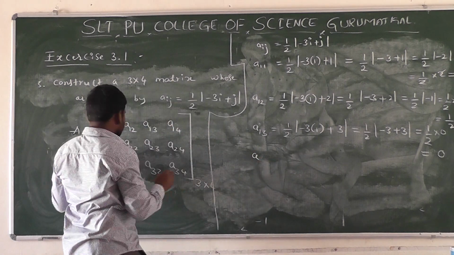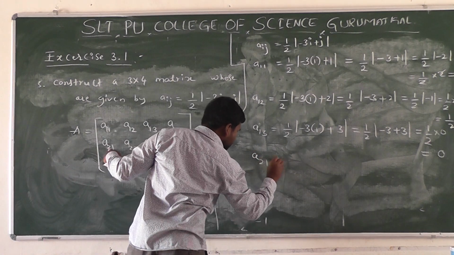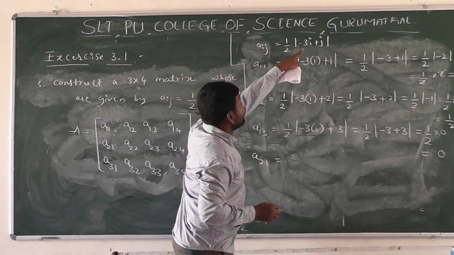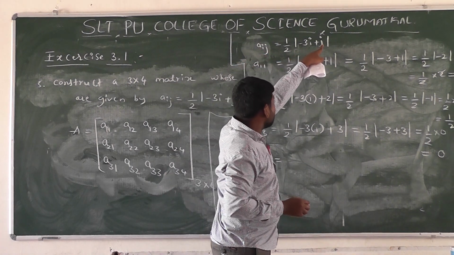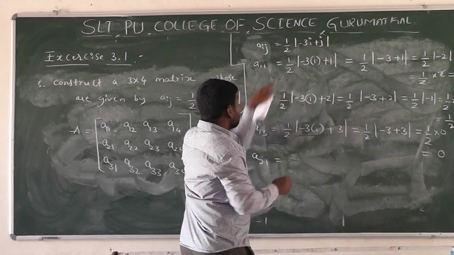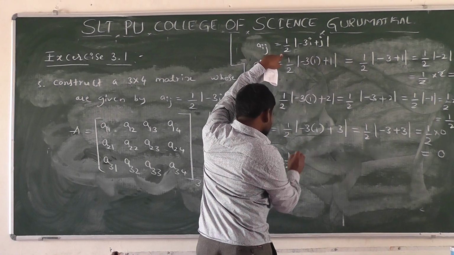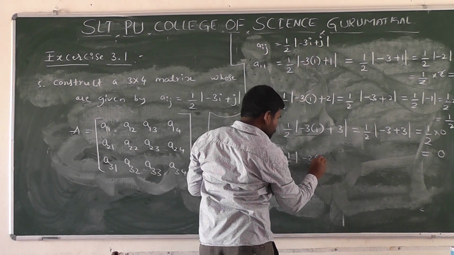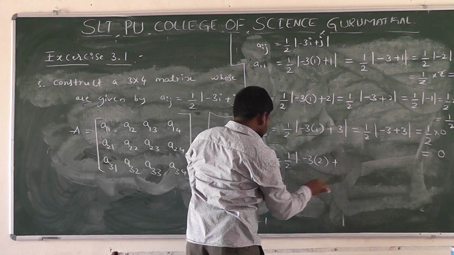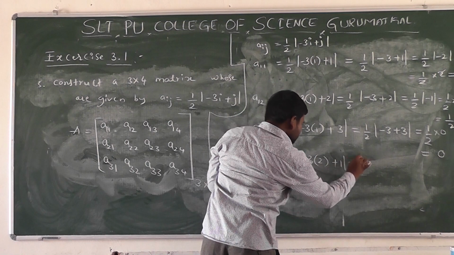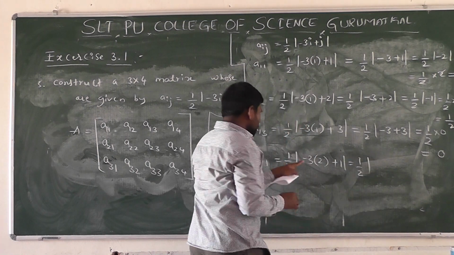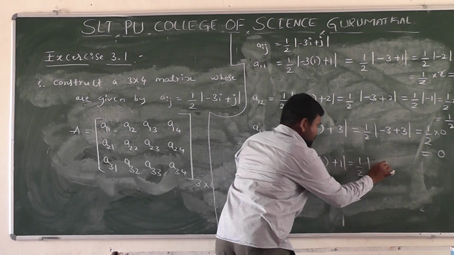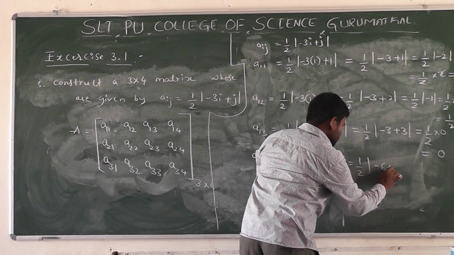Next, this one element, A21. Second row, first column. Here i is nothing but 2 and j is nothing but 1. In place of i we substitute 2 and in place of j we substitute 1. 1 by 2 modulus of minus 3 into what is i here? 2. 2 plus what is j? 1. 1 by 2 modulus of minus 3 twos are 6, minus 6 plus 1.